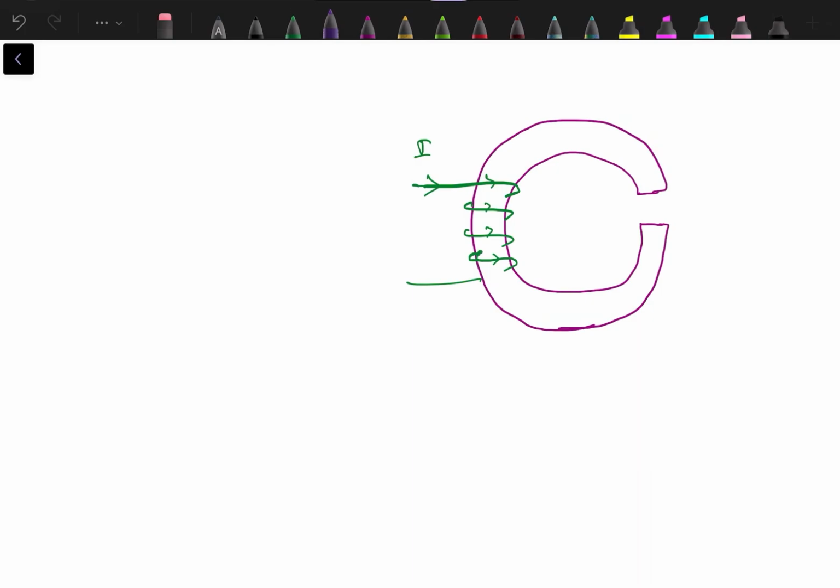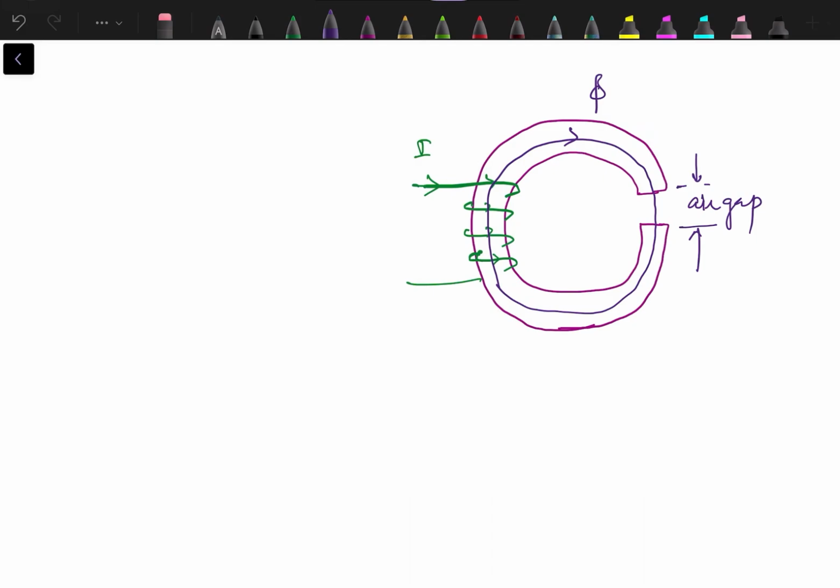When we apply the right hand thumb rule, flux will flow through this magnetic path. Now, the flux will have to pass through this gap, which is known as the air gap. The air gap is usually very small in comparison to the mean length of the core.